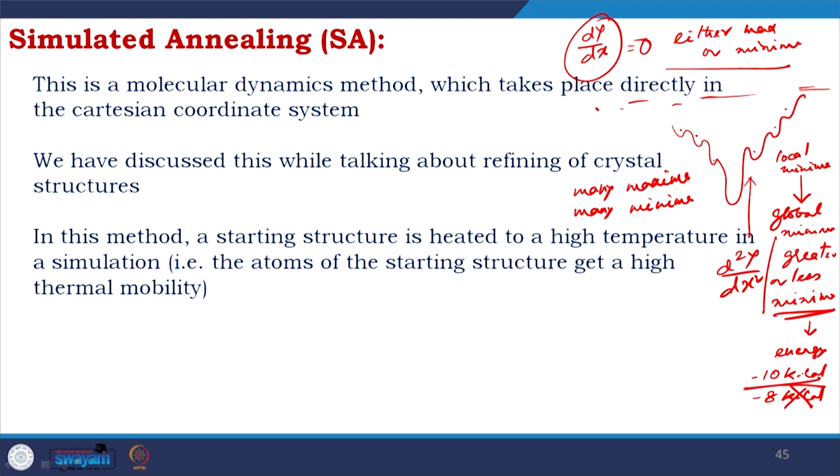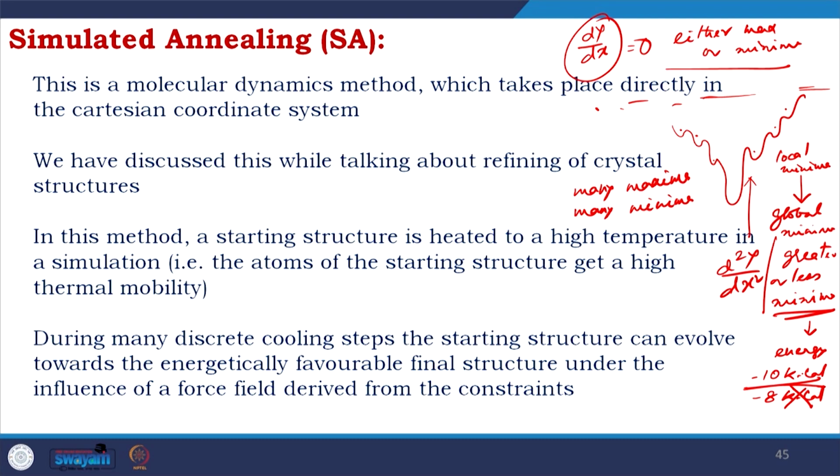Now, if you iterate the whole process, in a loop in a computer program, you keep working and check the energy, you will probably find the global minima. During many discrete cooling steps, the starting structure can evolve towards the energetically favorable final structure under the influence of a force field derived from the constraints.